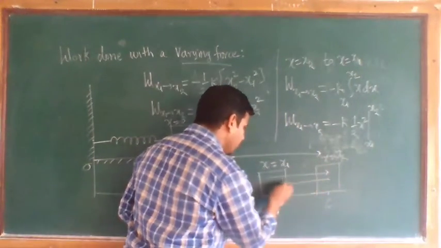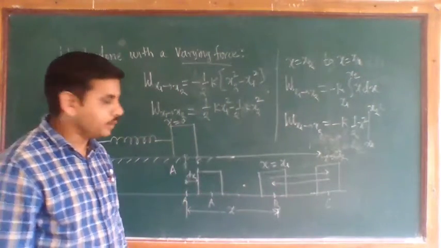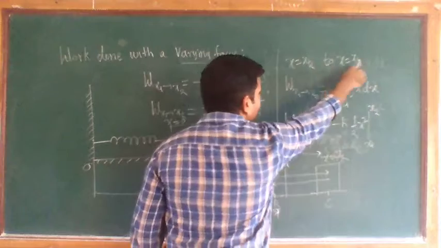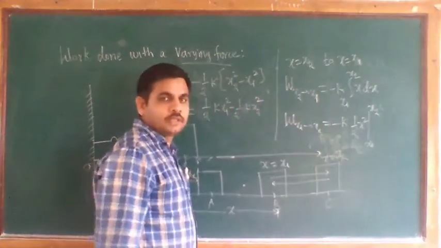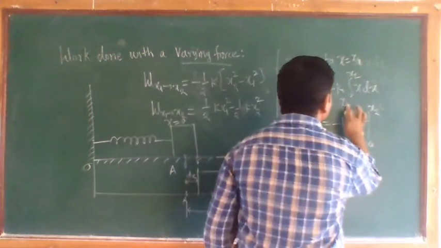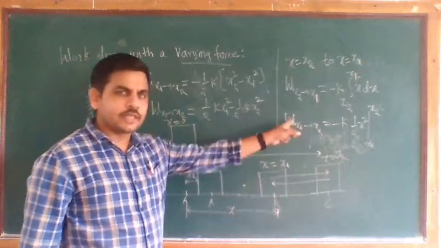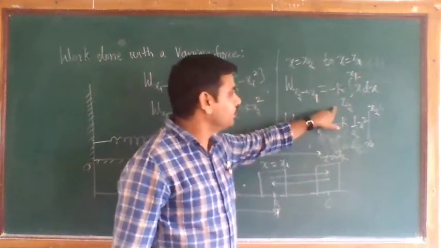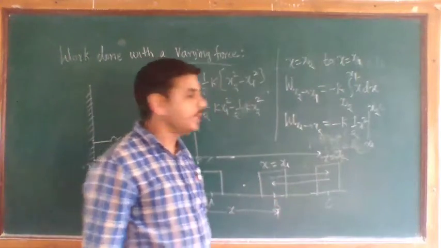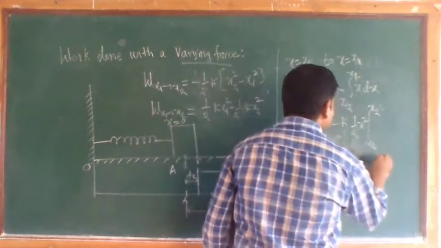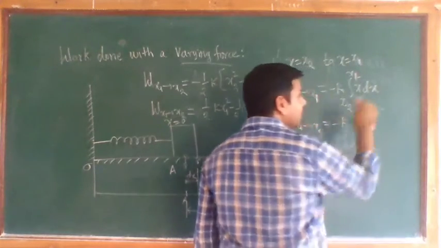Now we bring this block back to its original position, x1. So in that condition, from x2 to x1, the integration changes, and the integration is nothing but minus k into 1 half x square from x2 to x1.